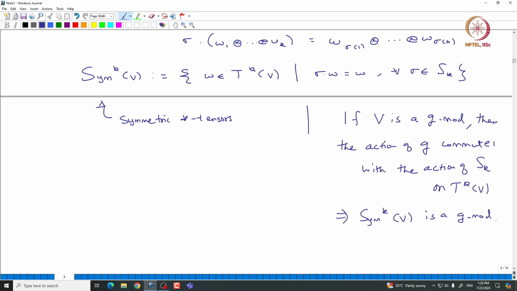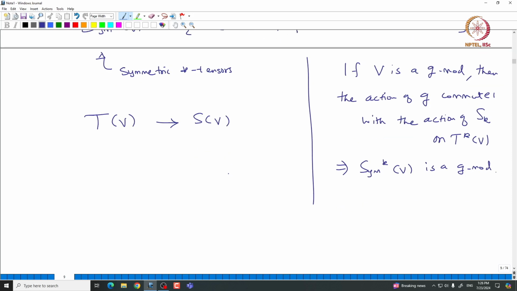So, we have again a module structure on this Sym k of V. We have a natural map from TV to SV, and if we restrict this map, let us call it pi, to Sym k of V, this is going to map Sym k of V to exactly the Sk of V. This is a natural map that we have.